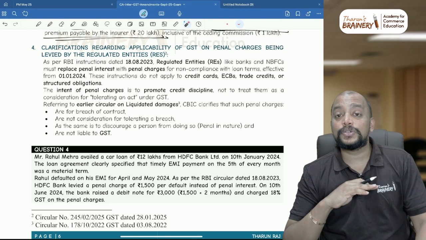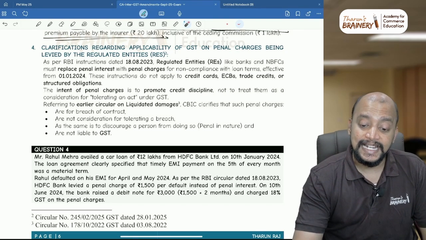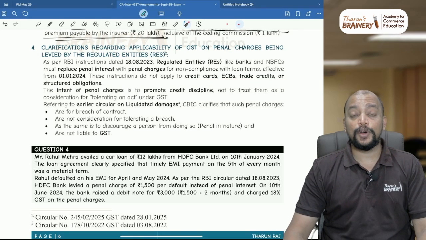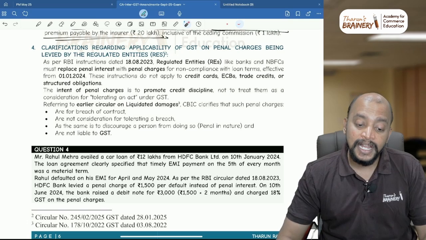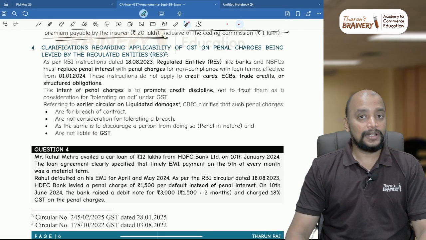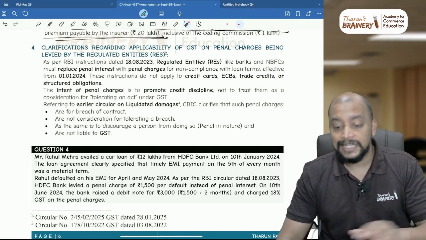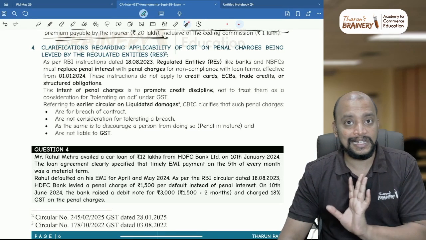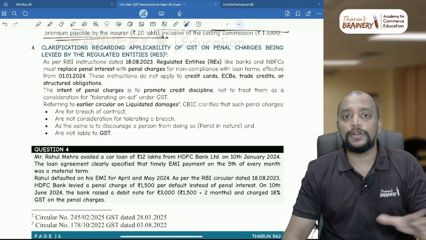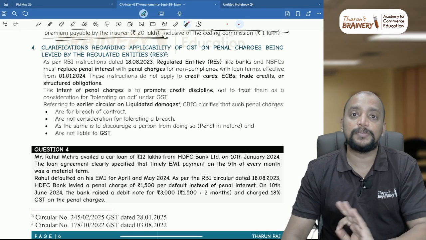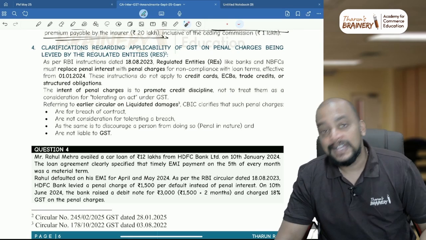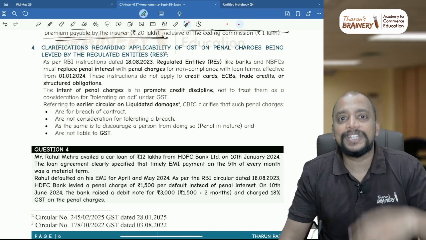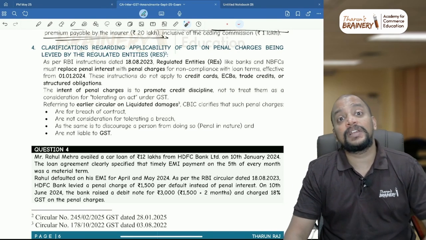These instructions do not apply to credit cards, external commercial borrowings, trade credits or structured obligations. But this is only for loans, not for credit cards, not for ECB, trade credit, etc. It is only for normal loans. So this particular circular is not applicable for credit cards. Then for credit cards, can they still levy penal interest? Yes. And will it be taxable? Of course, yes. Why will penal interest be taxable?